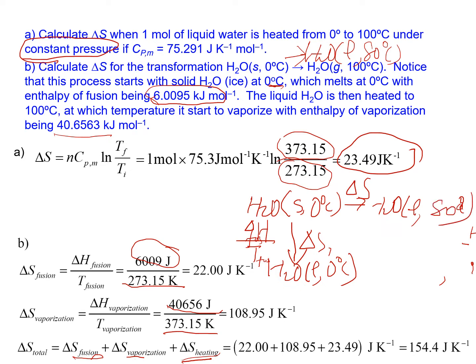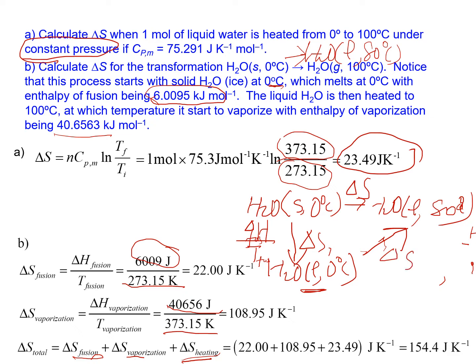Okay, so first it's still ice melting into liquid water, a phase transition. Now it becomes a liquid, so liquid heating to 80-degree liquid. So two steps.